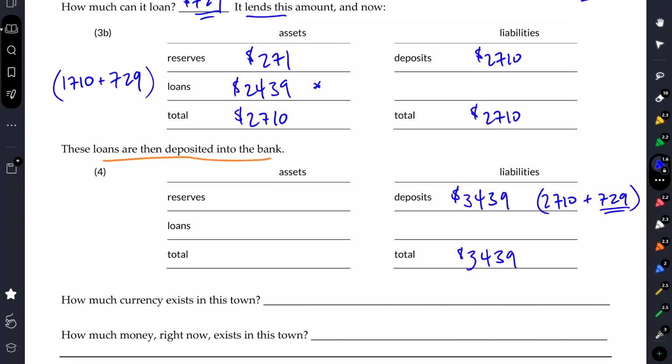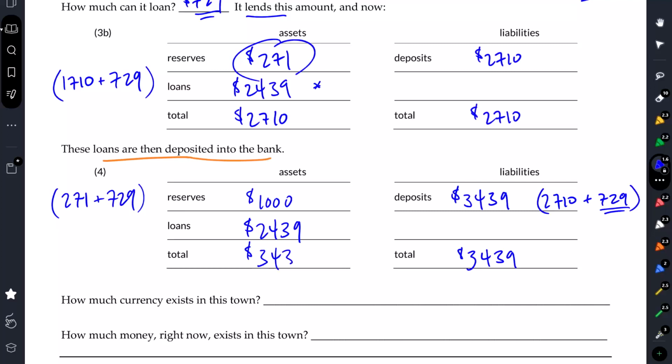So this 729 that was just deposited is going to be added to the reserves that we just had. So that's going to, again, get us back to 1,000. Loans for the moment are staying at 2,439. So our total here, 2,439. Okay, so we'll stop there.